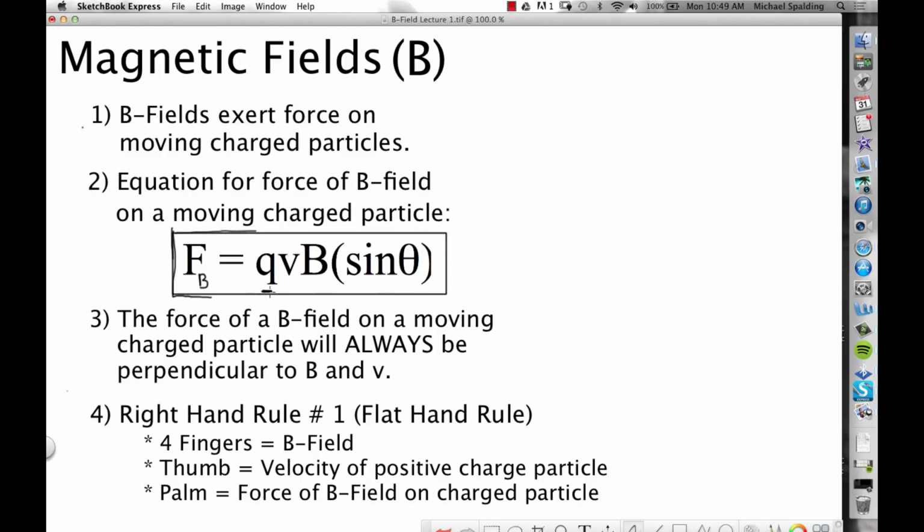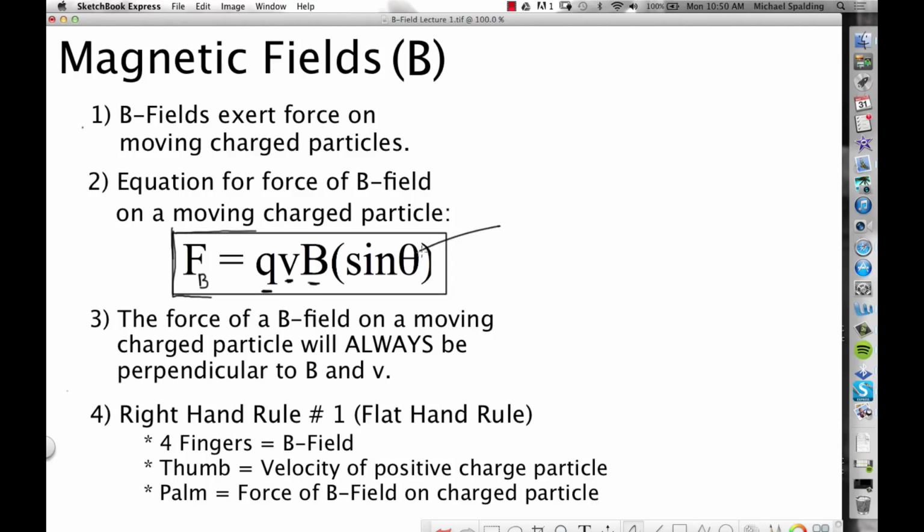Q is charge, measured in coulombs. V is the velocity of the charged particle. So if that velocity is 0, the force is going to be 0. The charge moving in the field has to have a velocity. Okay? B is the strength of the magnetic field, measured in Tesla.